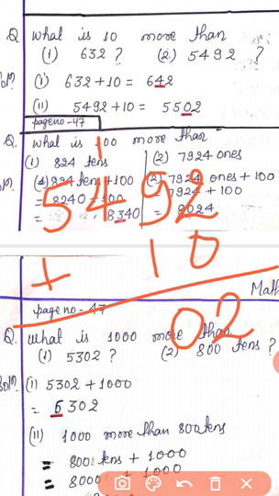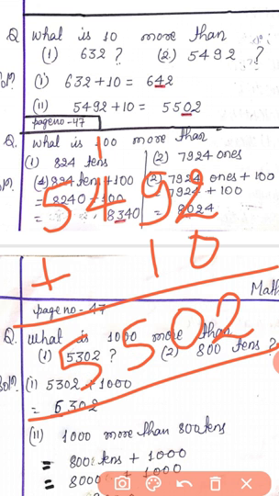Now 400 plus 100 is equal to 500, and 5502 is the sum. So we see the ones place digit is the same, and the tens place digit always changes, and the hundreds place digit also changes if there is regrouping. So we underline the tens place and hundreds place, both the digits.